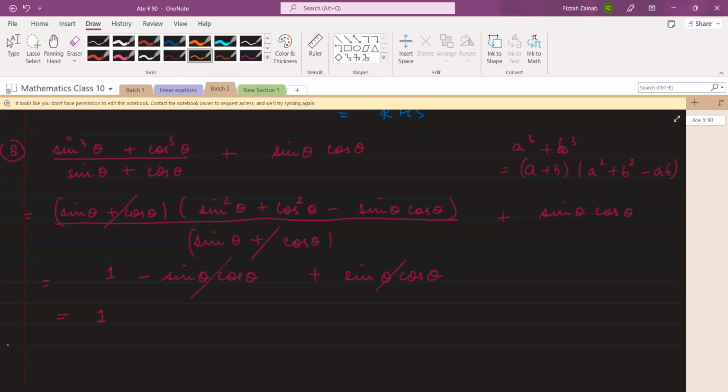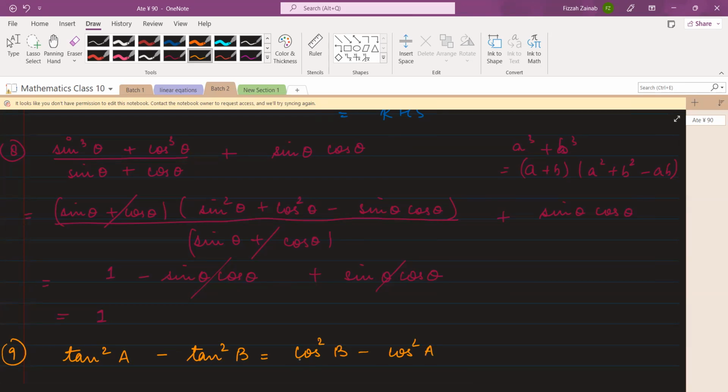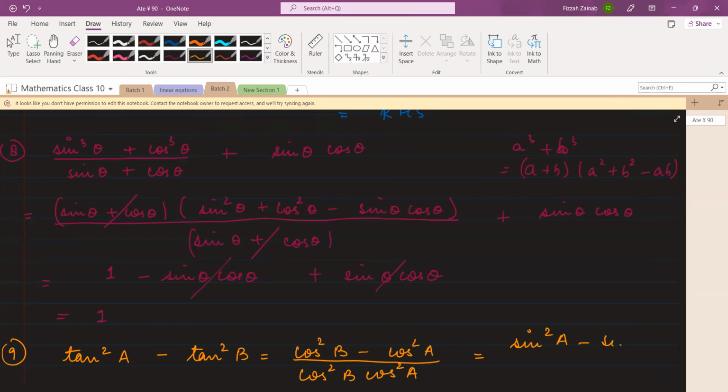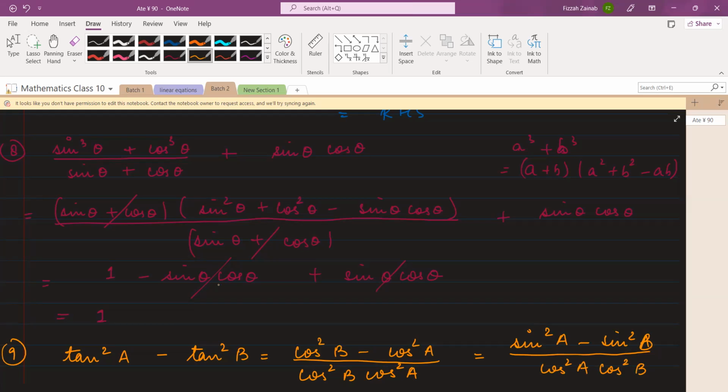All right, now next. Tan square A minus tan square B is equal to cos square B minus cos square A divided by cos square B cos square A, which is also equal to sine square A minus sine square B divided by cos square A into cos square B. So first you prove this, okay?